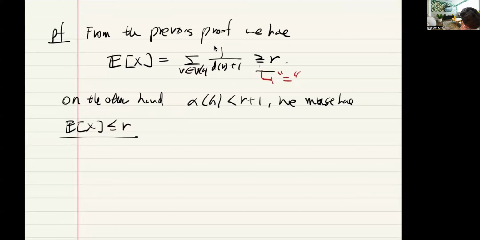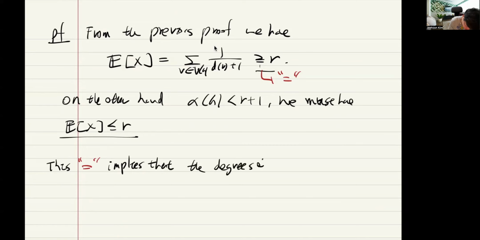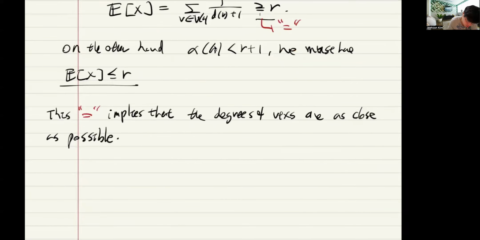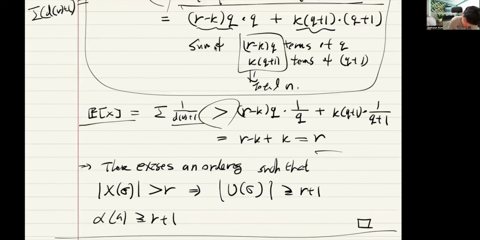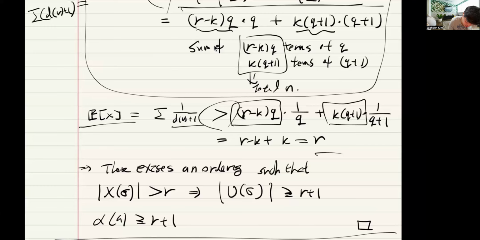Okay. And what does this equality imply? It implies that the degrees of vertices must be as close as possible, meaning exactly this many copies of q and this many copies of q plus 1.